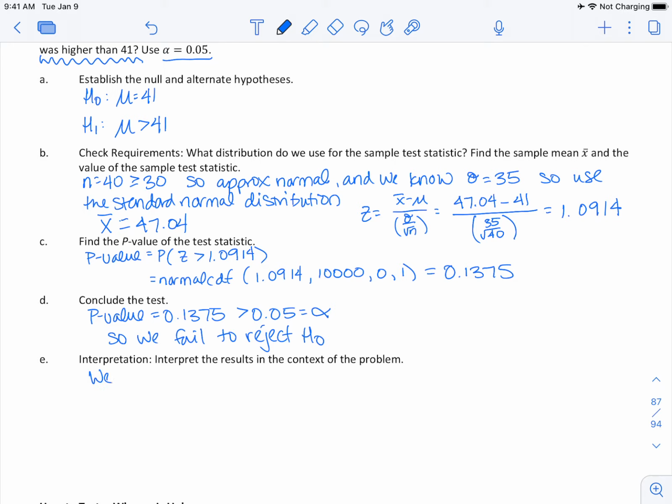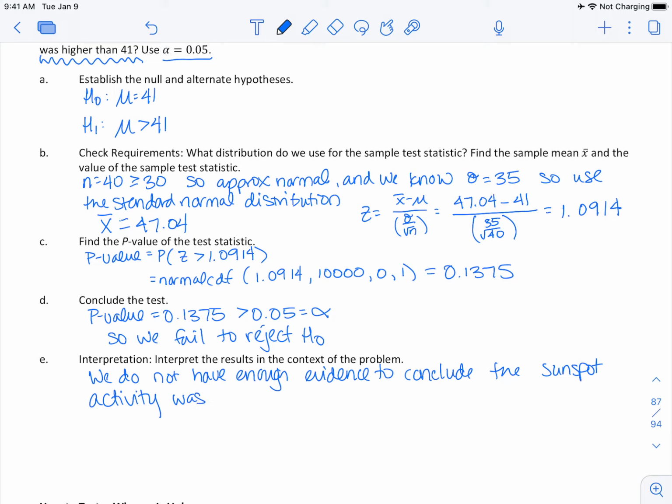So we do not have enough evidence to conclude the sunspot activity was higher than 41 during the Spanish colonial period.